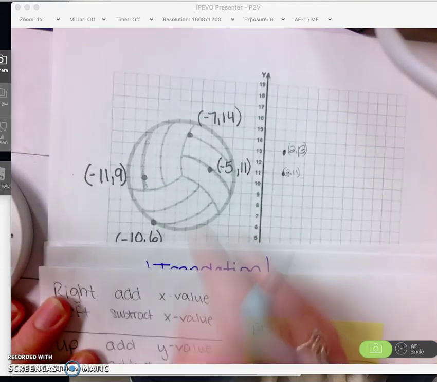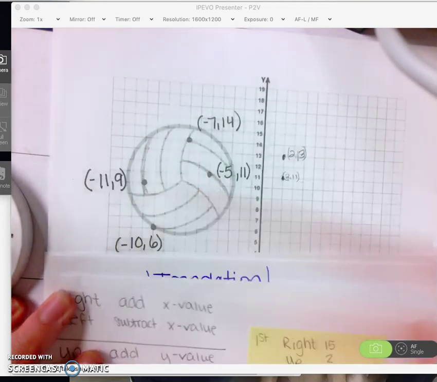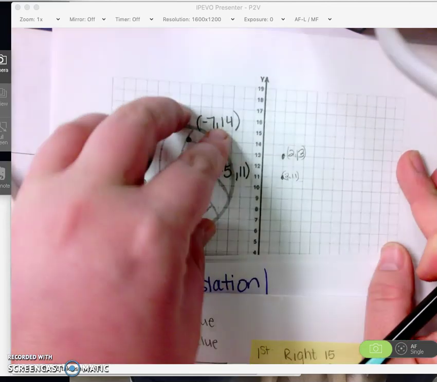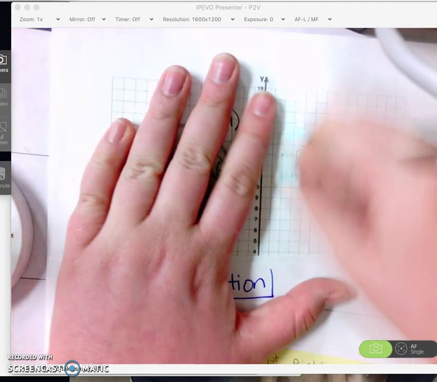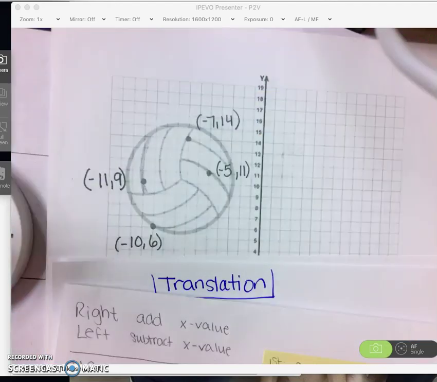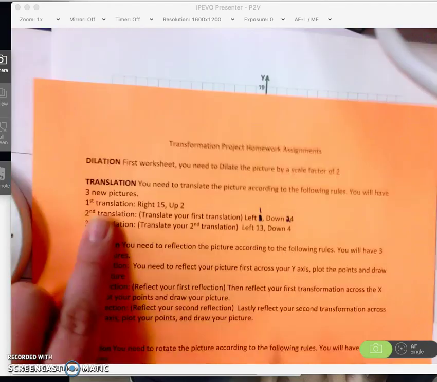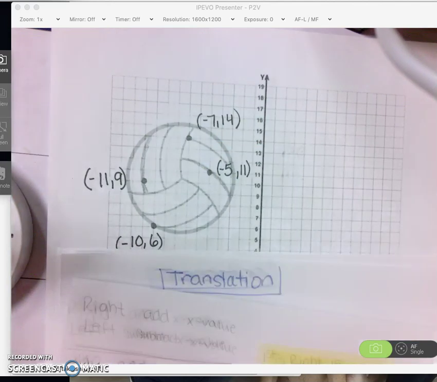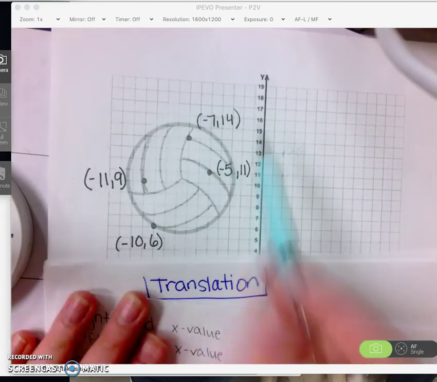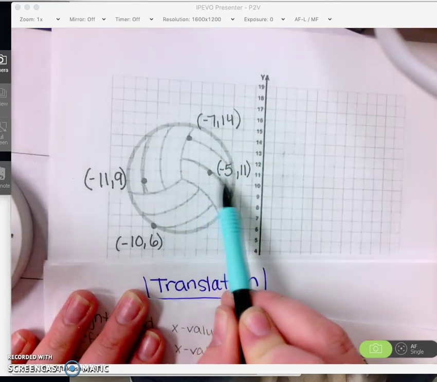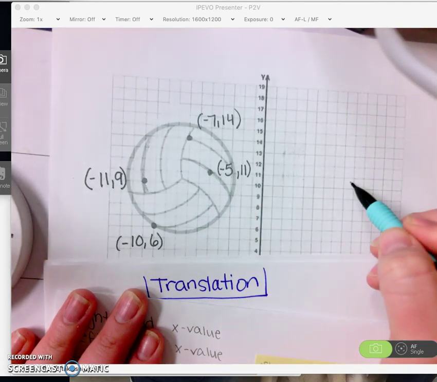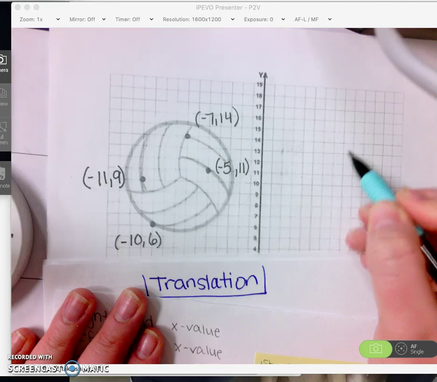So we have our 4 points on our shape in our first quadrant, and our first translation is to go right 15 and up 2. So you can do this 2 different ways. You can go from each point and count 15, 1, 2, 3, 4, 5, 6, 7, 8, 9, 10, 11, 12, 13, 14, 15, up 2, 1, 2.